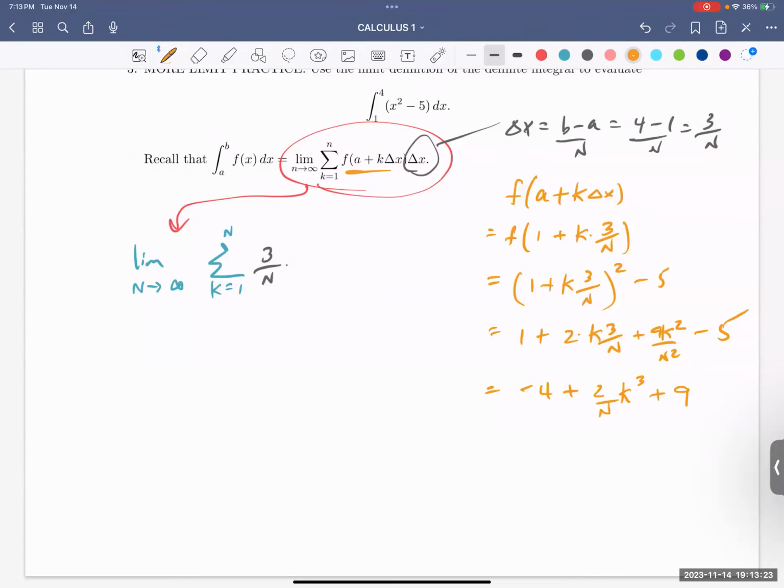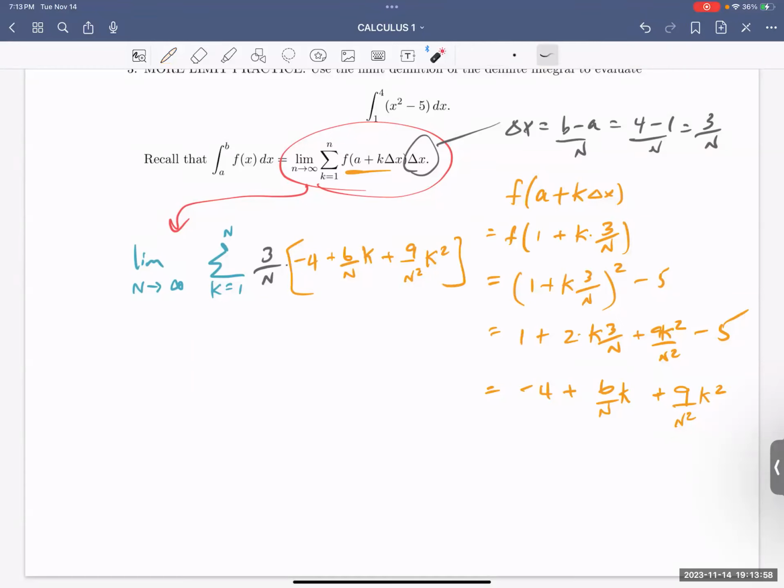You know what? That's not k cubed. That's 2. It's going to be a 6. That's right. So the 2 and the 3 give you a 6 over n k. Then the last piece is 9 over n squared, k squared. All right. So -4 plus 6 over n k plus 9 over n squared, k squared.